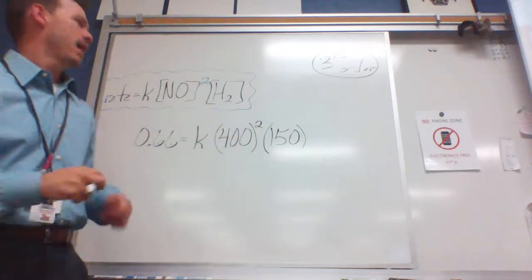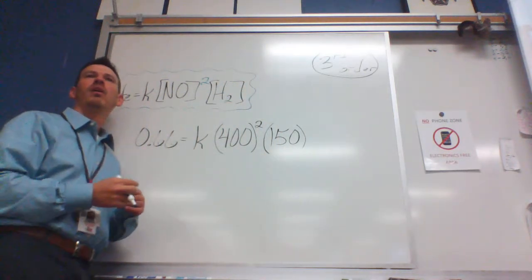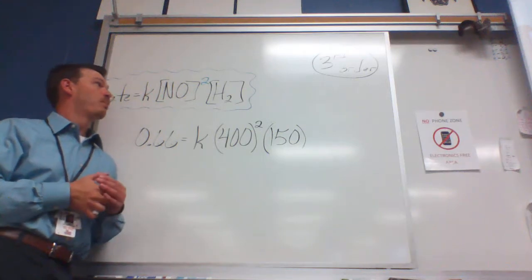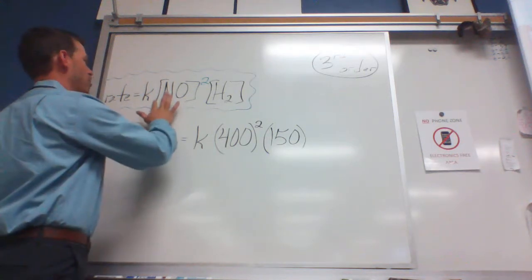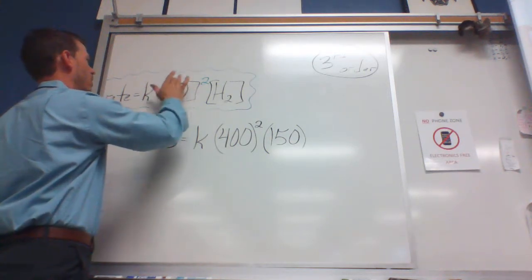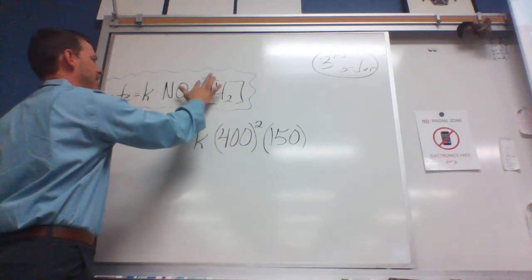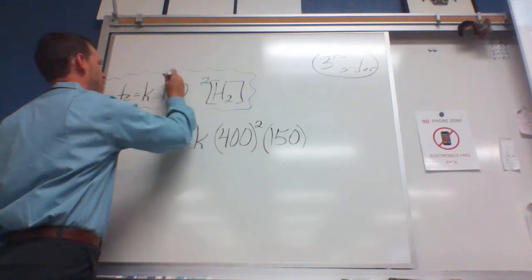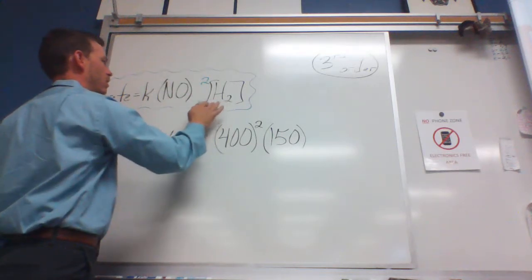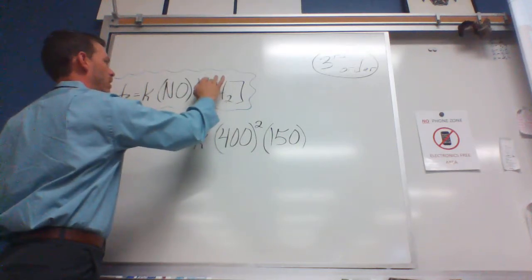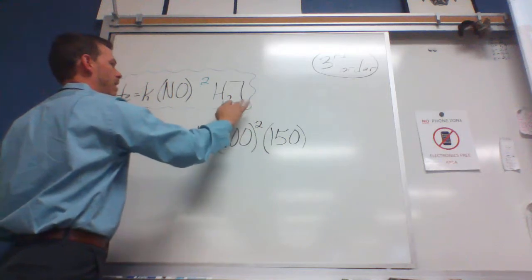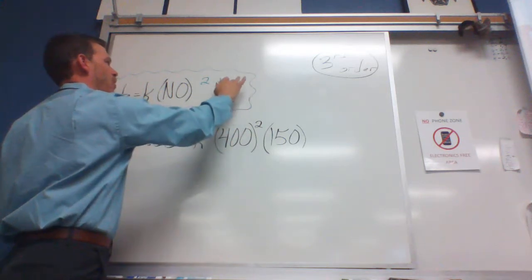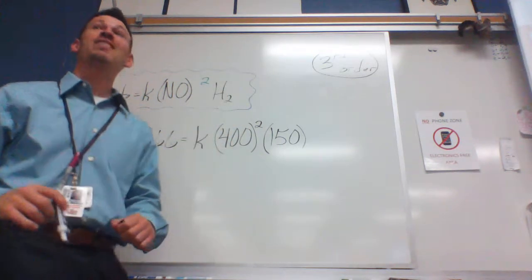Now, I want to point out something that will annoy you. The brackets here are actually wrong because brackets dictate concentration, and this is being given to you in pressure. I get it. Again, this problem is being annoying, and most of them on the AP are not annoying.